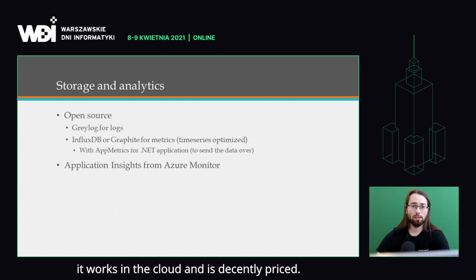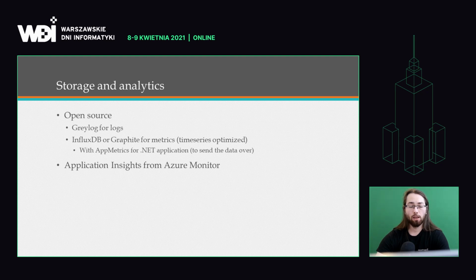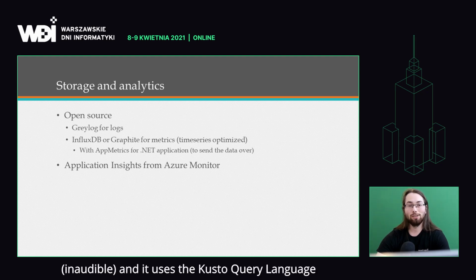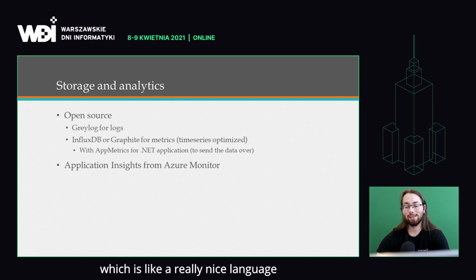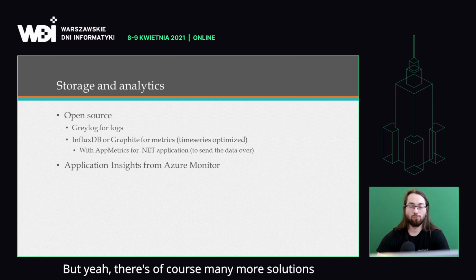It works in the cloud and it's decently priced. So yeah, and it uses the Kusto query language, which I'm using at work, which is a really nice language for writing log queries. I really like it. But yeah, there's of course many more solutions for logging and metrics collection out there, so you should probably look at other options as well, to make an informed decision.